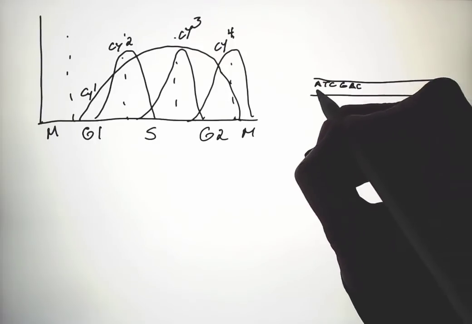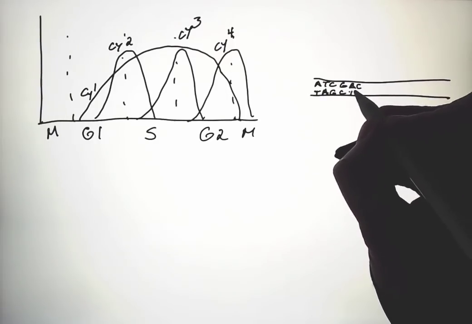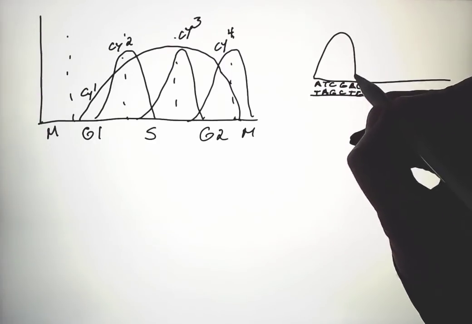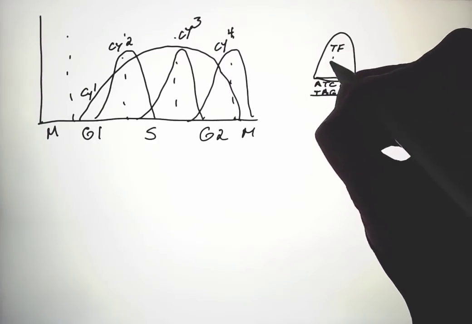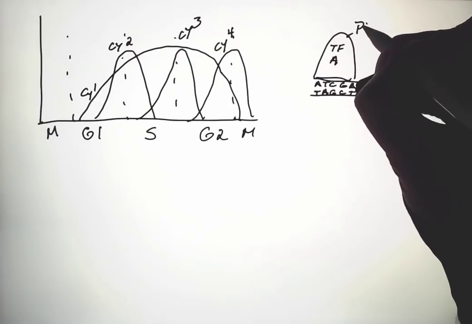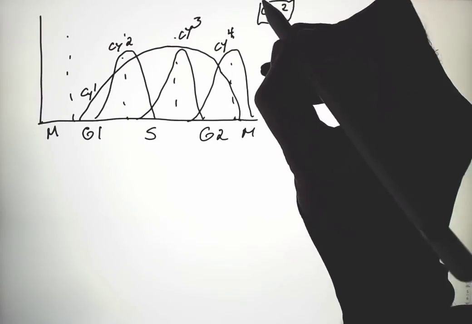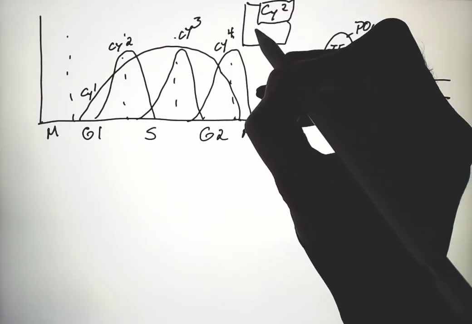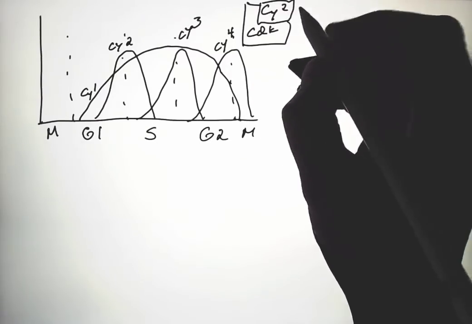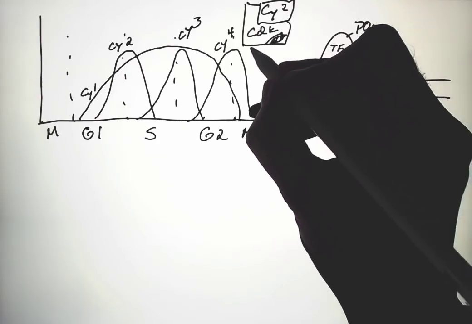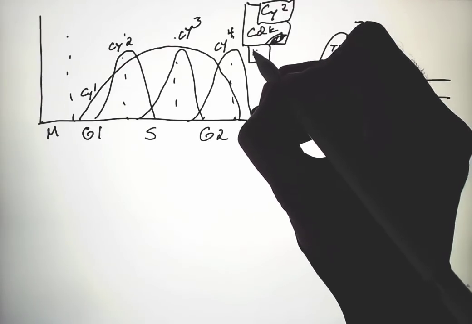Again, there's a particular sequence on the DNA to which a transcription factor can bind. And I called this transcription factor A, that's active when it's phosphorylated. We needed a cyclin, in this case cyclin 2 for histone, in order to phosphorylate a kinase.